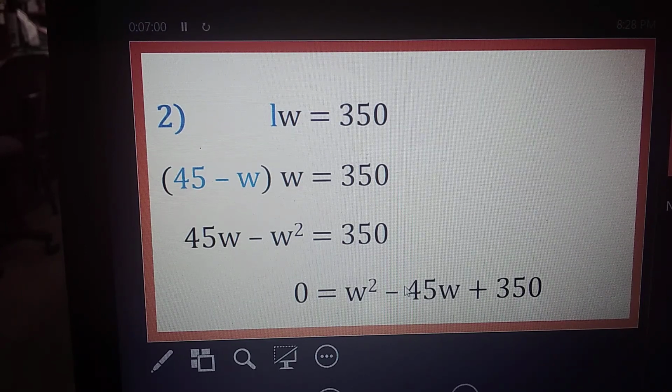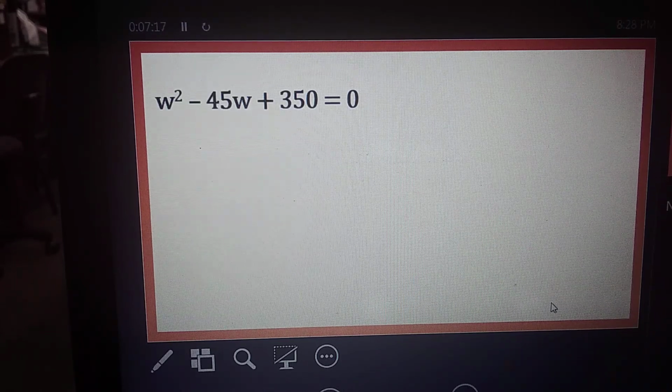We can also apply the symmetric property so that the right side is 0. So this would become W squared minus 45W plus 350 equals 0. Here, you can now use factoring, the quadratic formula, or if you may, you can use completing the square.